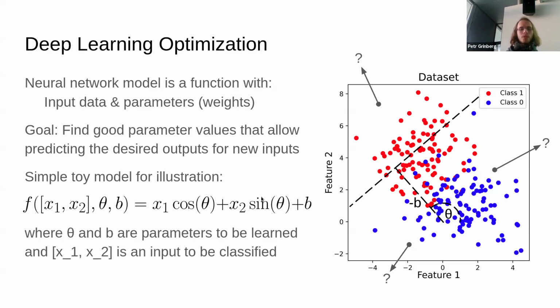This line can be defined by parameter theta and parameter b. Your deep neural network example will look like this: x1 cosine theta plus x2 sine theta plus b. Your parameters are theta and b, and x1 and x2 are the input which you want to classify.